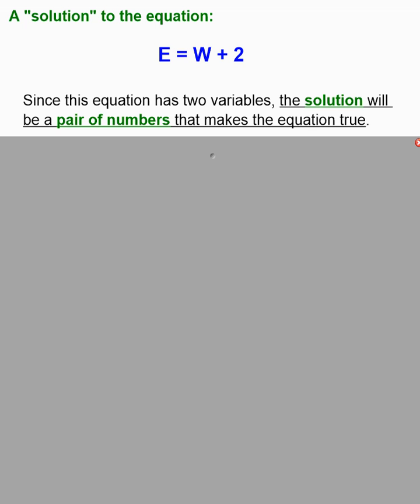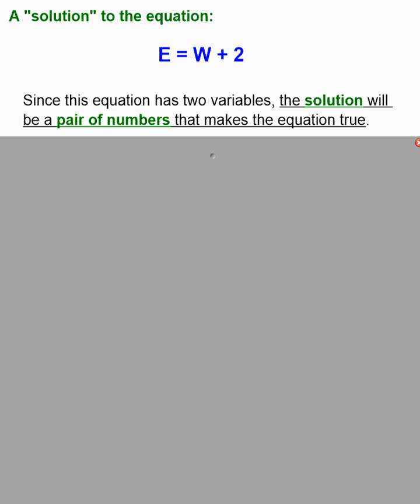So let's go back to our equation about Eric and William's age. So what would a solution to that equation be? Well, there's not going to be just one solution, because remember that it's the relationship between the two people's ages. And so the solutions are going to be pairs of numbers, the ones we showed in that chart. So one solution is when W is 1, when William is 1 year old, E is 3.